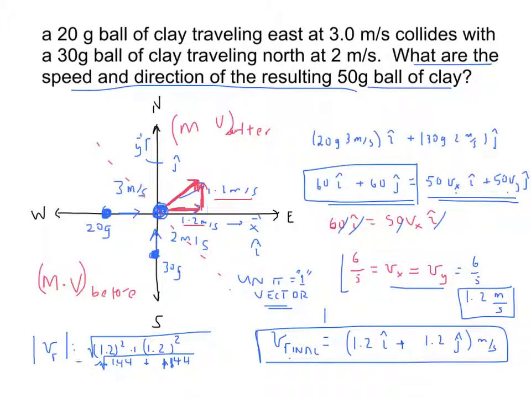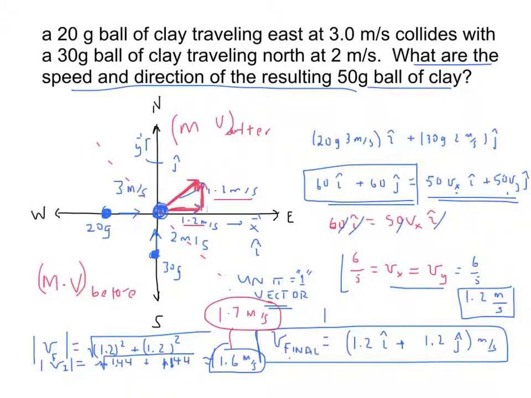What is the square root of 2.88? Does anybody know? I'm going to call that 1.6 meters per second, and I'm going to pause this to use a calculator to check it. Okay, it's actually 1.7 meters per second. Using a calculator, it was close.